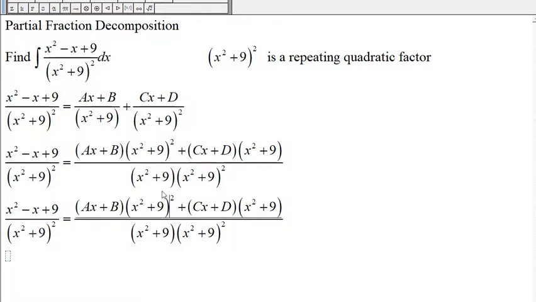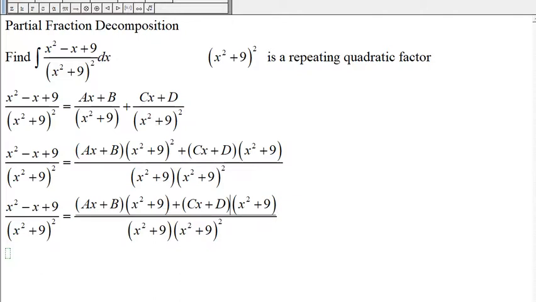But then we end up with x squared plus 9 up here, and down here also, which means we can divide everything on the top by x squared plus 9, and divide everything on the bottom by x squared plus 9. And then we end up with this.